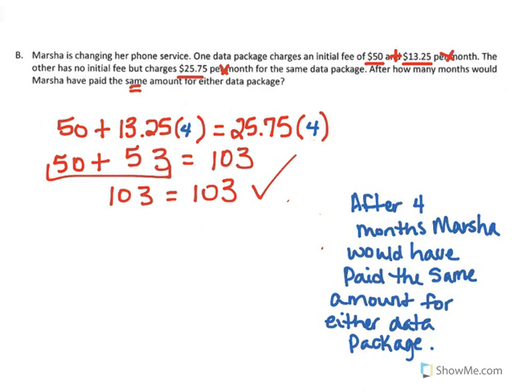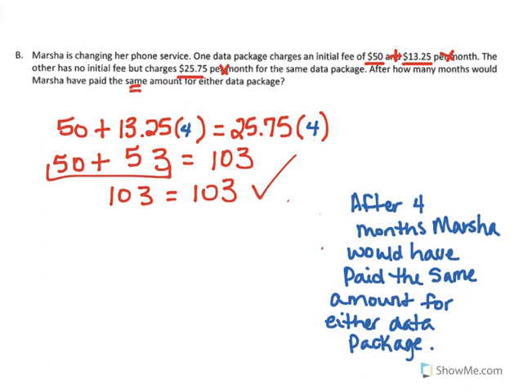Example 3, A and B, these go along with the TEK of 8.8a, where we're writing one variable equations or inequalities with variables on both sides that represent problems using rational number coefficients and constants.